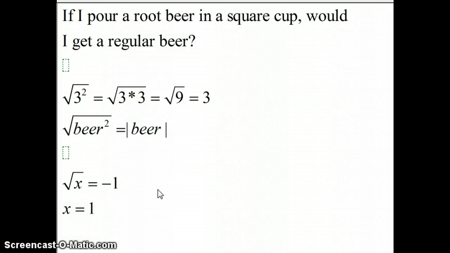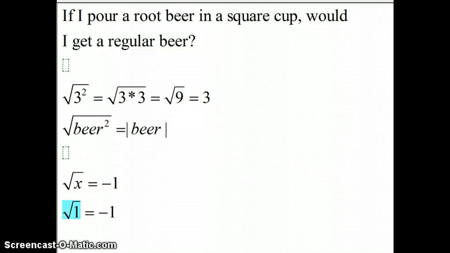But let me check my answer here. If I were to plug 1 back into the original equation, since x is 1, and I plug it into the original to make sure my answer works, well then I would say, the square root of 1, because that's what x was, should be the same thing as -1. What number times itself is 1?